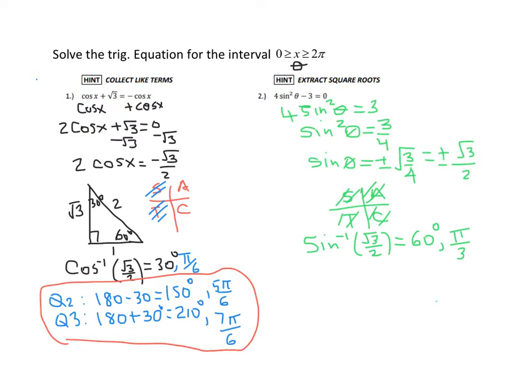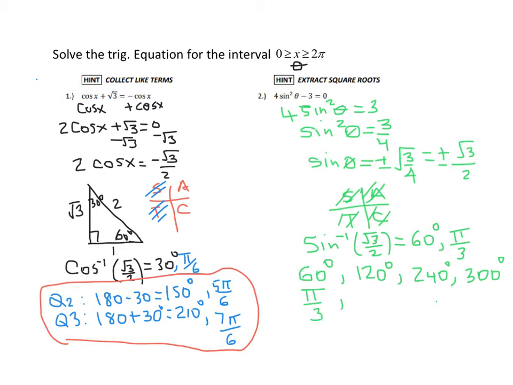I'll start by writing it in degrees. It's going to be 60 degrees in quadrant 1. Quadrant 2 is going to be 120 degrees. Quadrant 3 is going to be 180 plus 60, 240 degrees. And in quadrant 4, it's going to be 360 minus 60, which is equal to 300 degrees. Now to convert to radians, I know this is pi over 3.